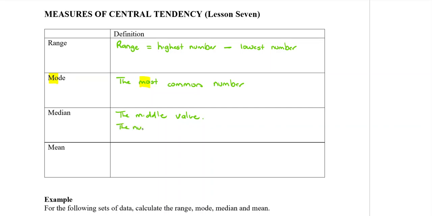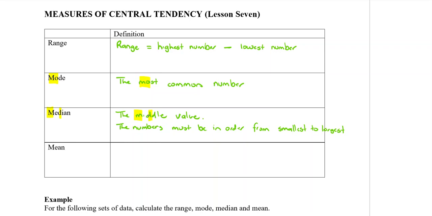The numbers must be in order from smallest to largest. But otherwise, the median is the middle. Now, it's not quite as nice as the mode, but the M and the D kind of fits together. Median and middle. They both have the M and the D.